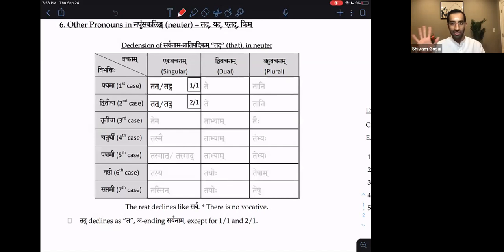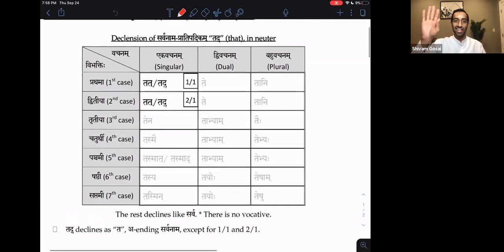Yes, we are in Bharatanatyam class. This is exactly what is happening. Tad, te, tani. Okay, number 3: tena, tabhyam, taihi. Fourth case: tasmai, tabhyam, tebhyah.